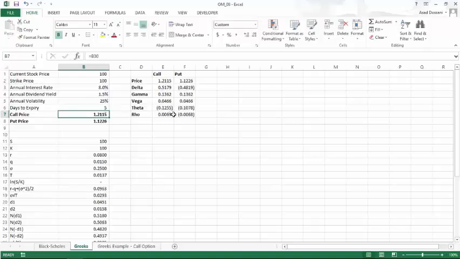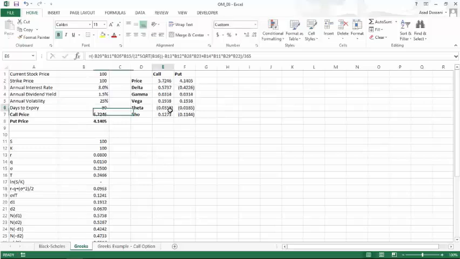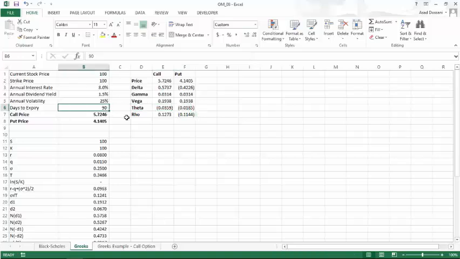That becomes 0.12, and this becomes 0.10. So theta, the time decay, gets larger and larger as you get close to expiry. Okay, and if you had a long dated option, let's say 90 days, then you can see the theta has gone down. It's much smaller, right? So the further away an option is, the smaller the theta is. When the option gets close to expiry, its theta starts getting bigger.